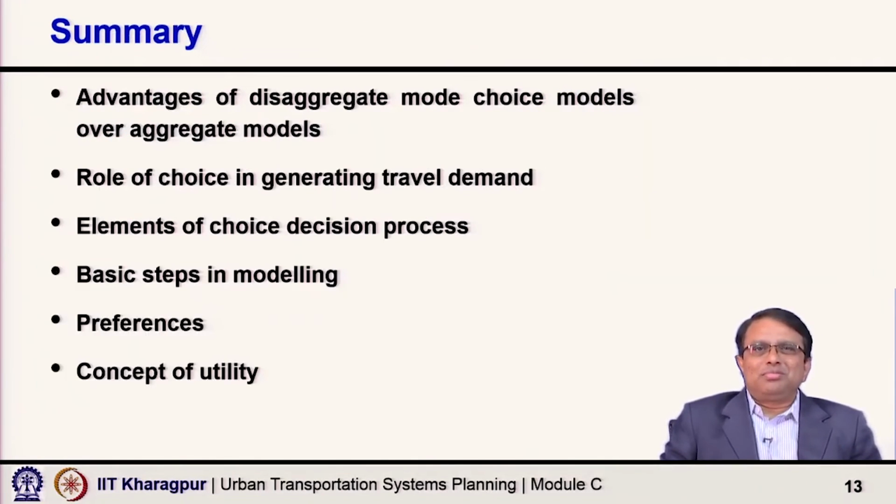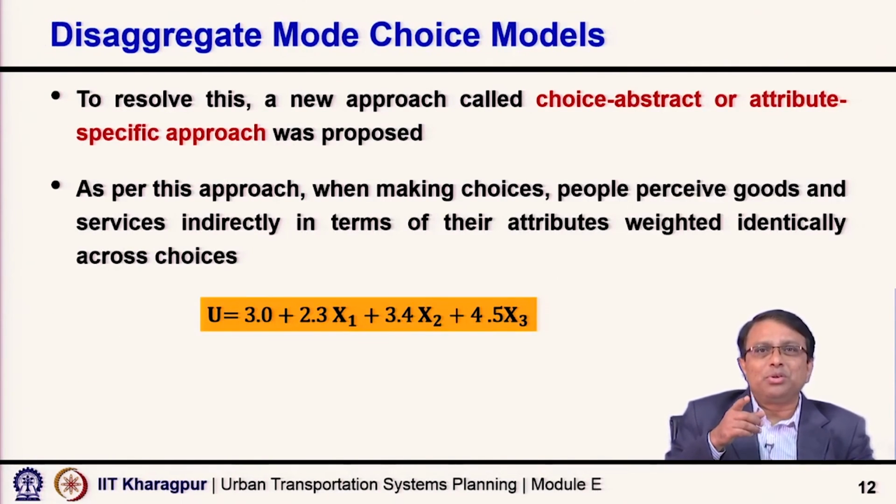With this, the subsequent things are built up, and now the coefficients or weights associated with attributes are taken as the same across all alternatives. Please carefully note this: weighted identically across choices.